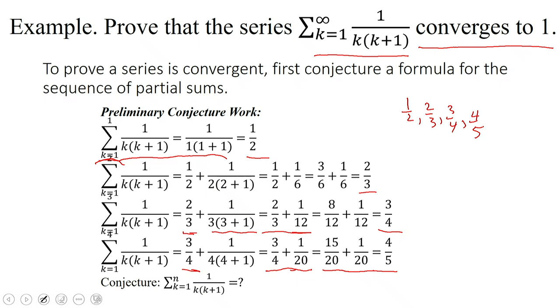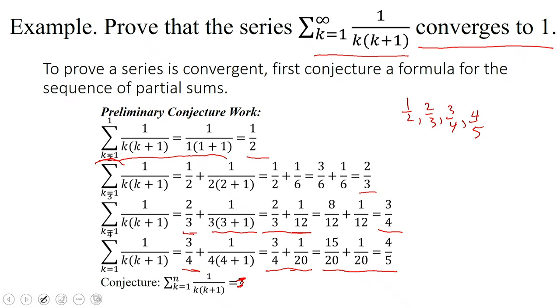So at this point, can we make a conjecture as to what this is going to be if we keep on going up to the nth term? So the first term had a 1 in it, the second term had a 2 in it, the third term had a 3 in the numerator, and the fourth term had a 4 in the numerator.